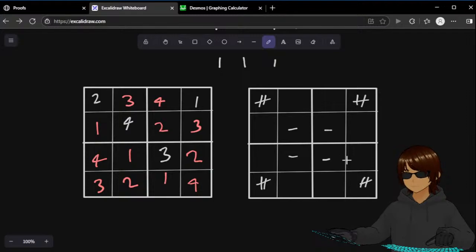But you can have one and one. Now, if all of these numbers are different, then you can have, for example, 1, 2, 3, 4. 1, 2, 3, 4. You can have 1, 1, 2, 2.